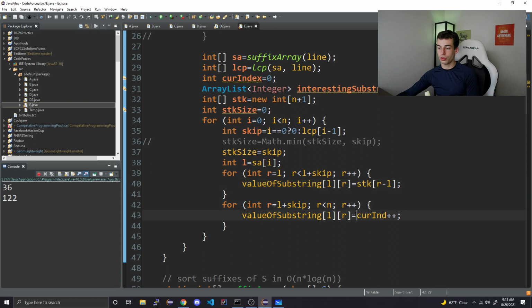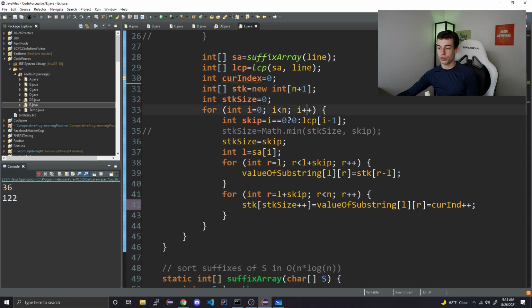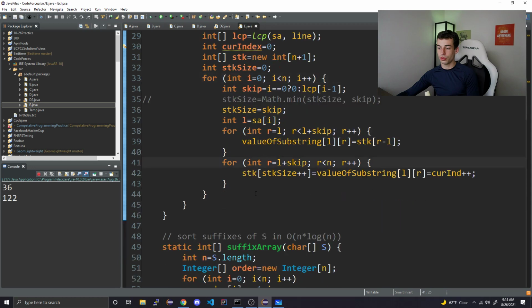Yeah, okay. And then this is the same as STK at STK size plus plus equals this. Yeah, okay, looks good. Looks good, I think.